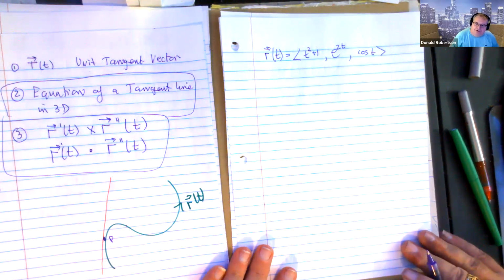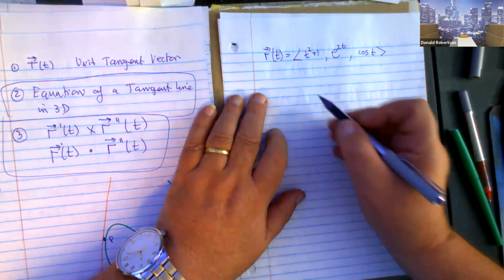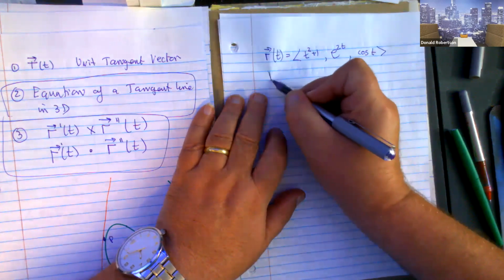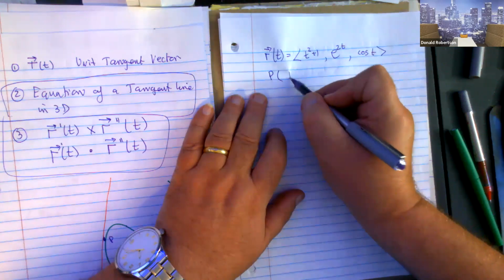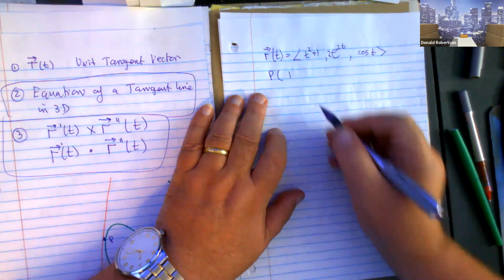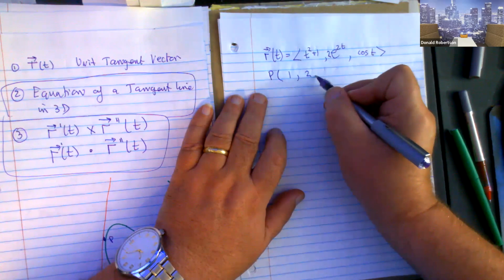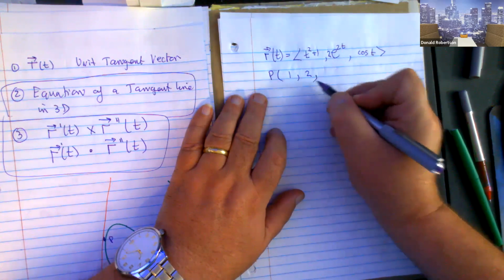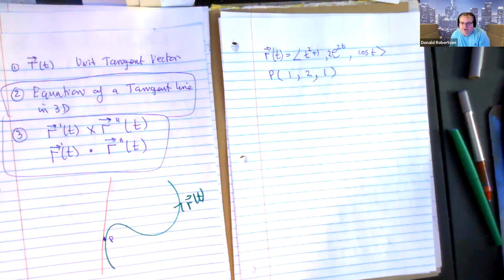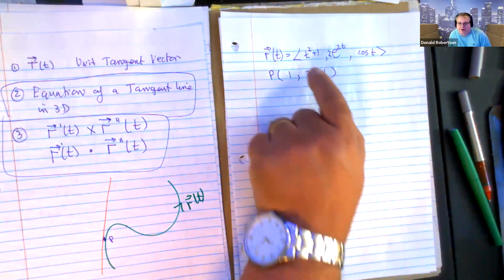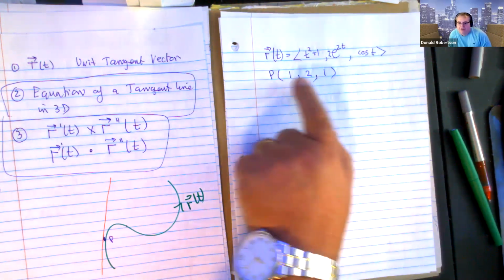And we want to find the equation of the tangent line at the point P, and let me make something happen. 1, can I put a 2 there? Yeah, that's better. At 1, 2, 1. So the question is, find the equation of the tangent line to this curve at the point 1, 2, 1.